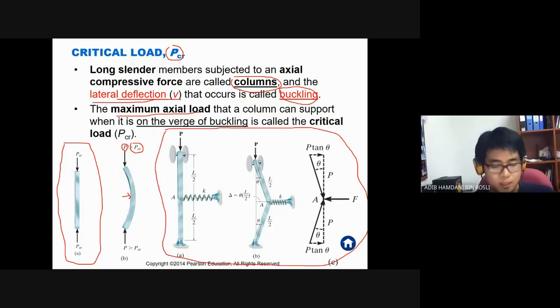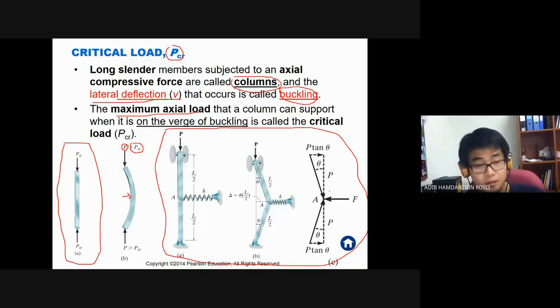How do we model this kind of phenomenon? Basically, you divide this long column into two parts and apply a spring, and then you apply the load P, and you have this lateral deflection of delta. The spring is compressed, and then you have the reaction from the spring.